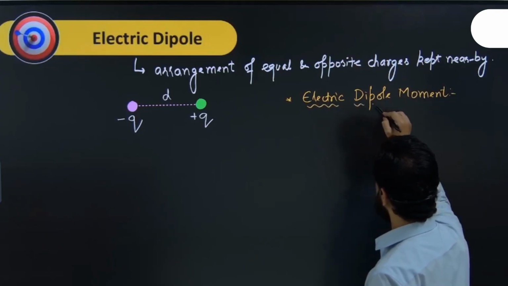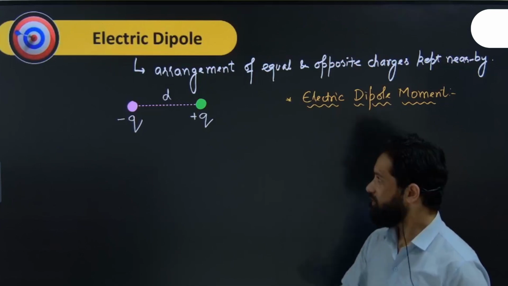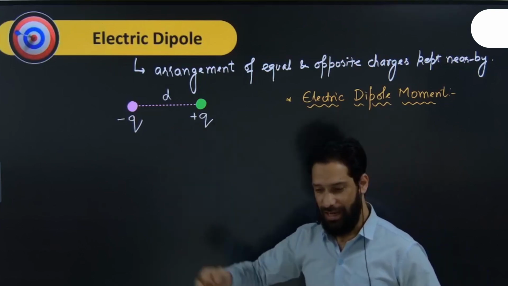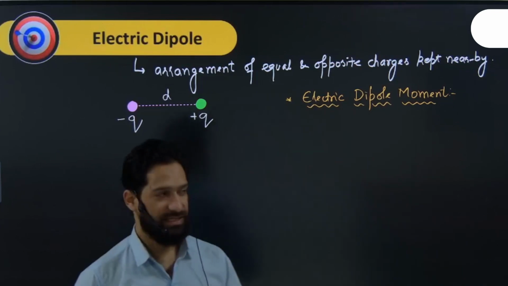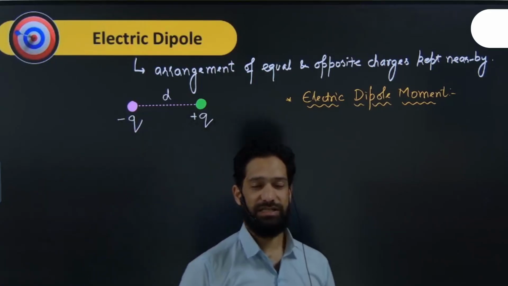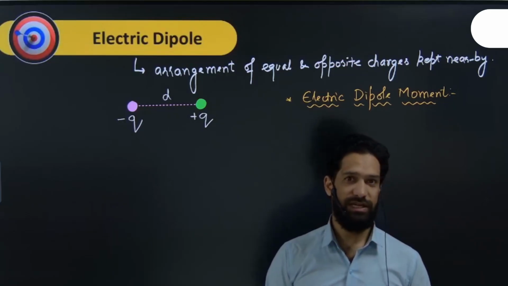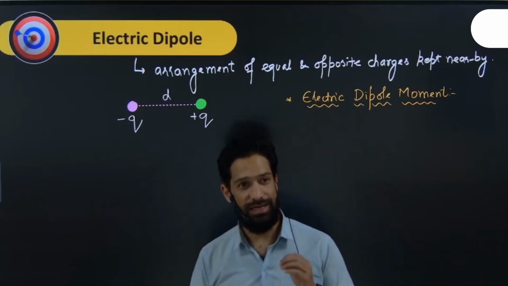So electric dipole moment means we are assigning a quantity for this particular dipole, and that quantity will tell us the strength of this dipole. Not only that, it will tell us where the positive charge is and where the negative charge is. In other words, it will tell us the direction this dipole has.